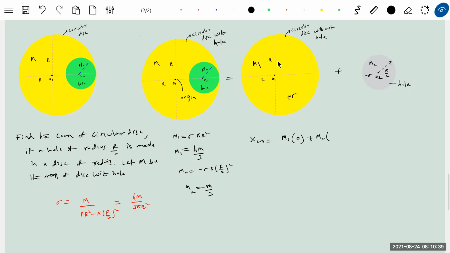Right, what distance is it? It is at a distance of r by 2 here. Substitute m1 and m2 with sign. So this will be 0, plus m2, which is minus m by 3, into r by 2, divided by m1.